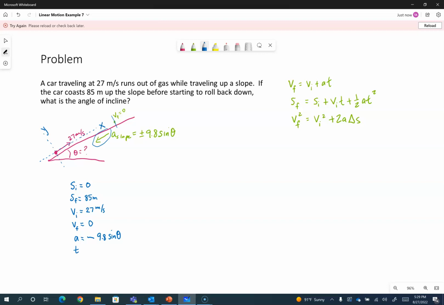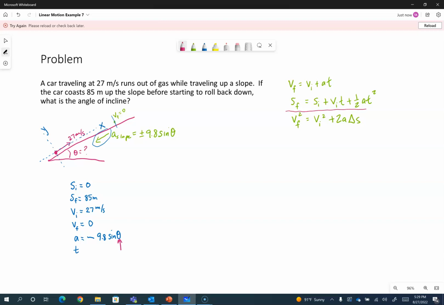Using this information, let's see, this problem does not mention time, and it doesn't ask us to find time. So ultimately, we want to find theta, and we know everything else except for time.